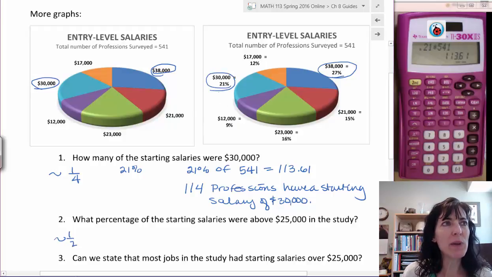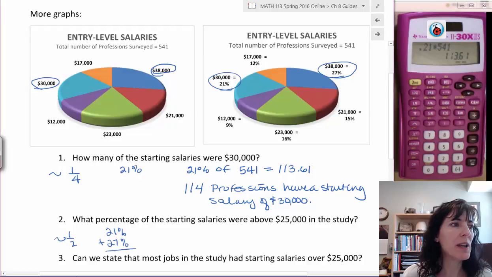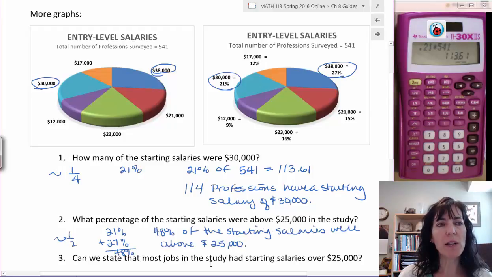Same two categories, but I can quickly add up the percents. Since I have 21% and 27%, I can add those two and get 48%, and I can say 48% of the starting salaries were above 25,000.